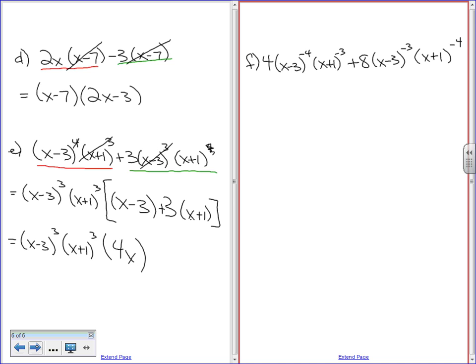Give that one a whirl. And remember, you're using the exact same concept each time. You're identifying the common factor. If there are common factors, take out the smallest exponent.